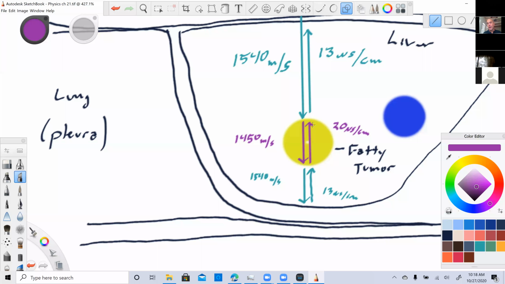So this happens twice. If the beam overall is slower than expected because of this fatty tumor, and this is a range finding machine, the machine doesn't know that the beam was slower. What's going to happen to these echoes back here?